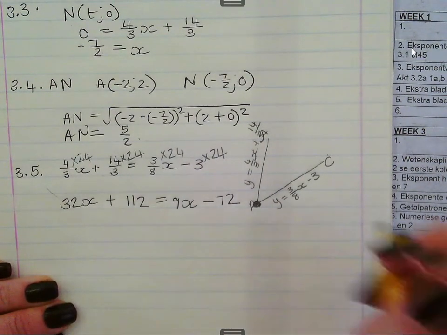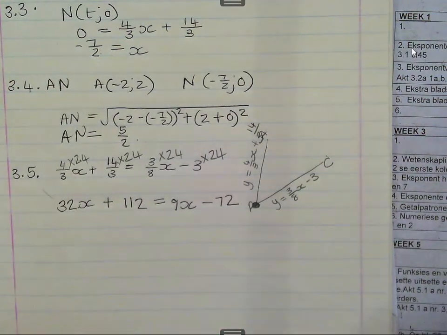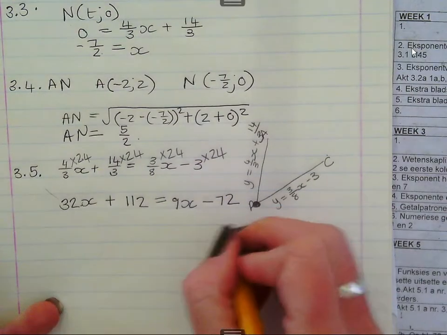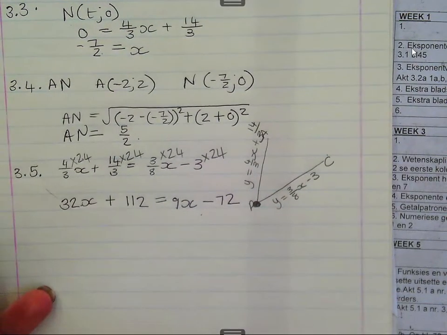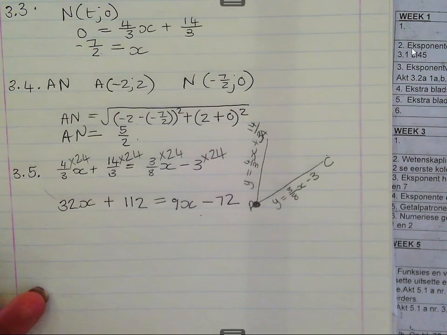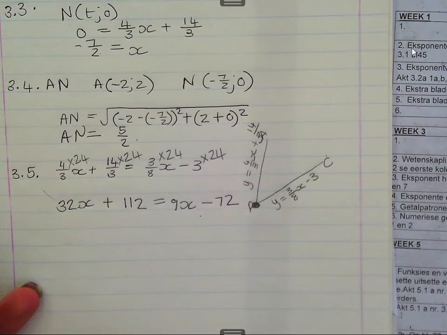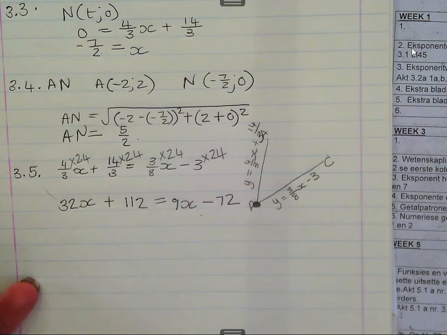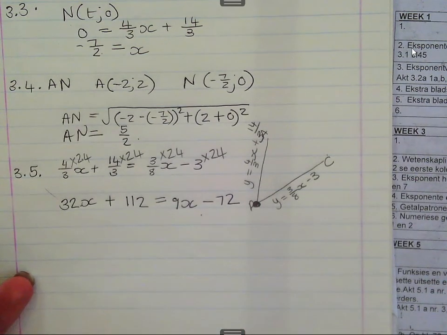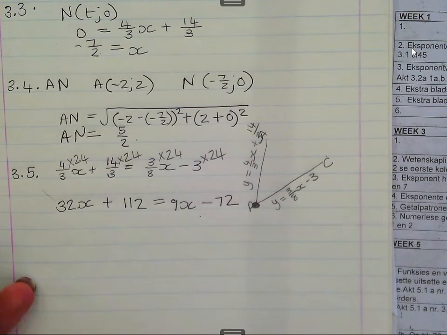Then you get everything on the same side. Let me just use this calculator here. 112 minus 72 gives me 40. Did I calculate right? 4 over 3 times 24 is 32. 14 over 3 times 24 is 112. 3 over 8 times 24 is 9.